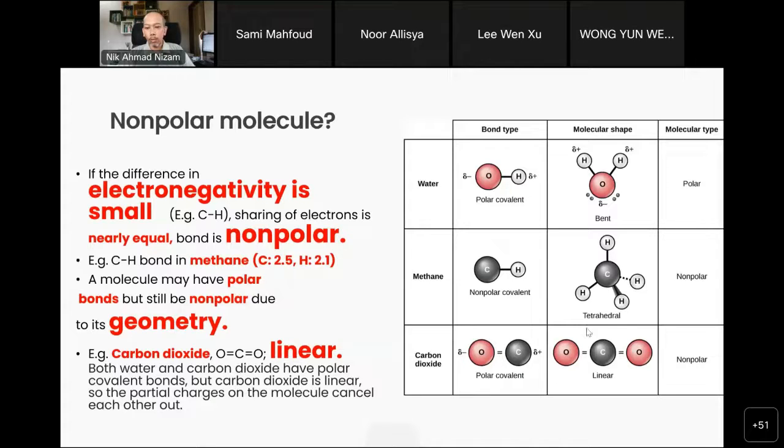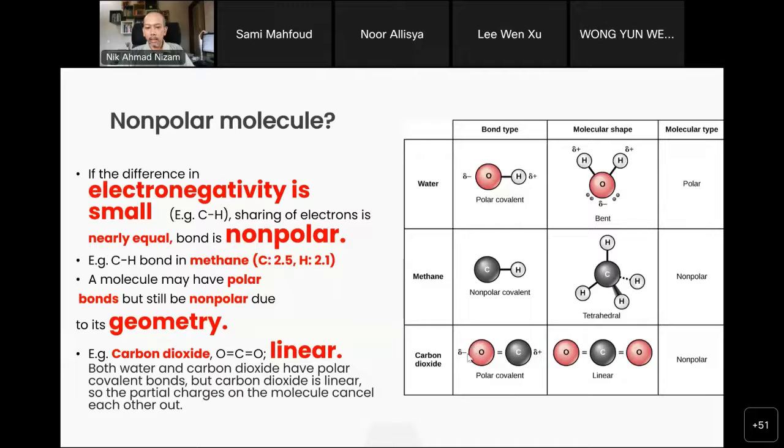Carbon dioxide, for example. In terms of the geometry, it is linear. Okay. Linear, so it is non-polar. Both water and carbon dioxide, CO2, have polar covalent bonds, because of the difference between C and O, and this one is O and H. But the carbon dioxide molecule is linear, so the partial charges on the molecule cancel each other out.